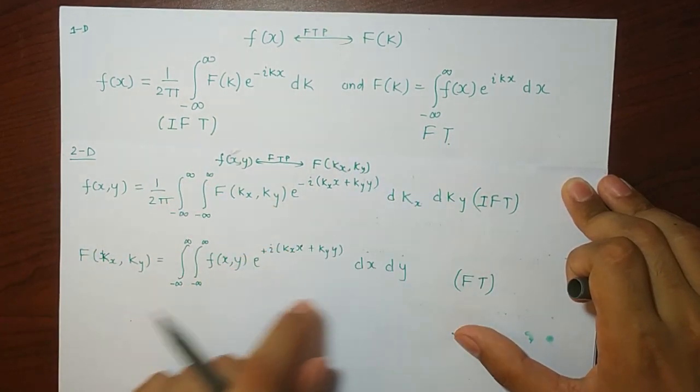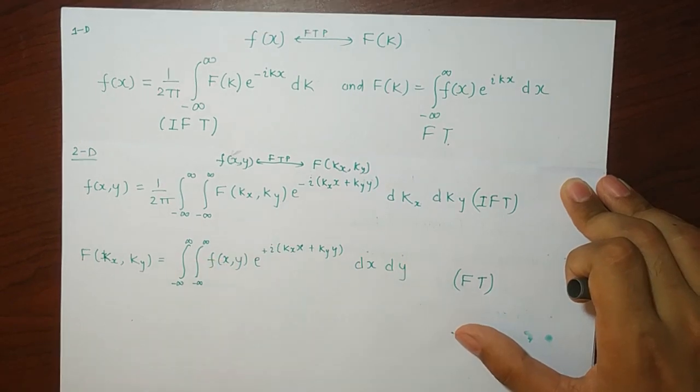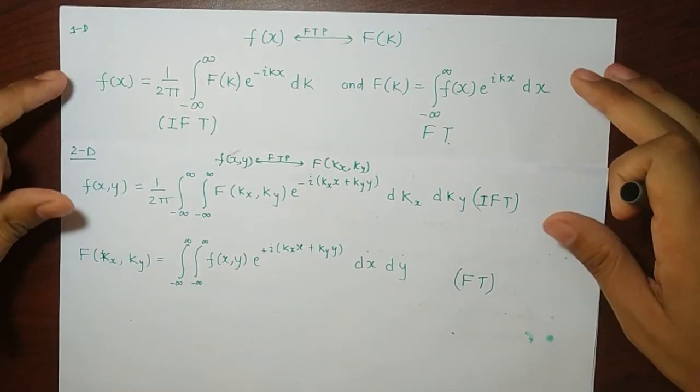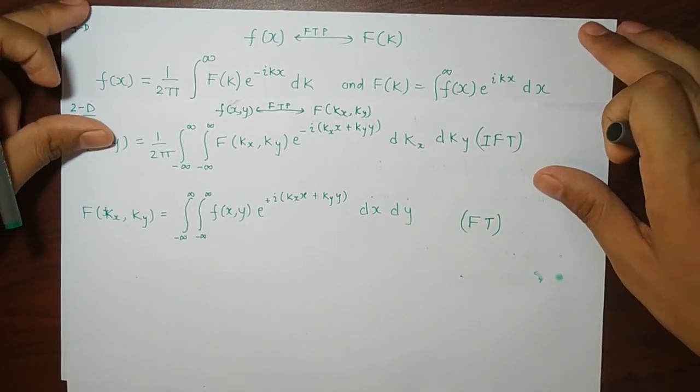And similarly for the Fourier transform formula. So this is the formula for two-dimensional Fourier transform and inverse Fourier transform. Now let us try to see what these formulas are basically trying to tell us.